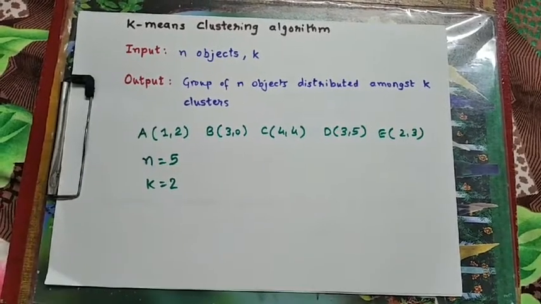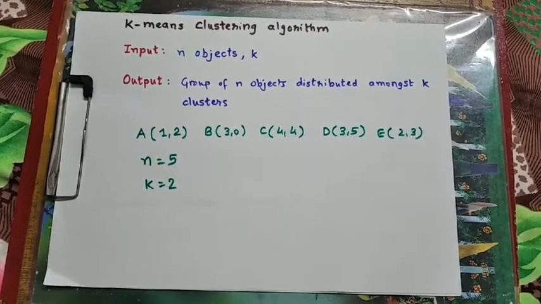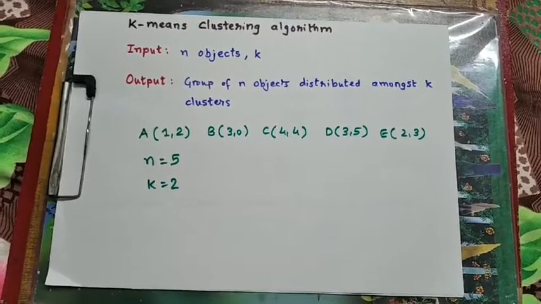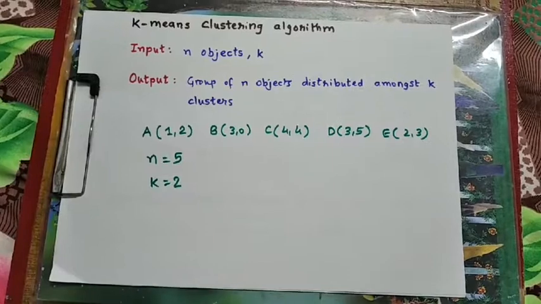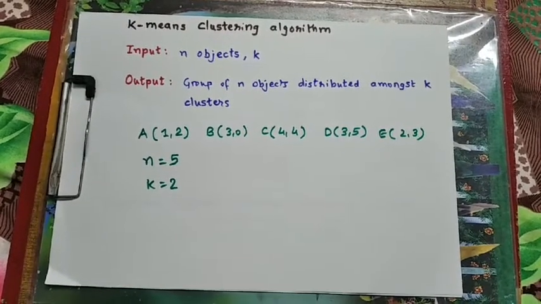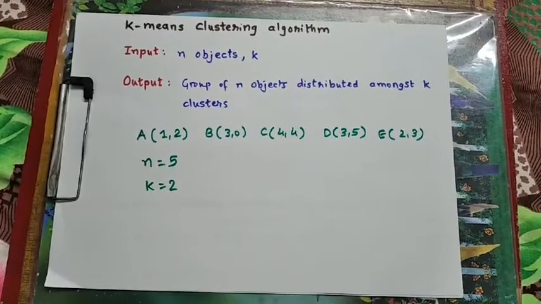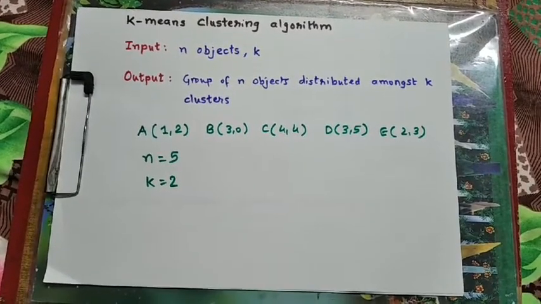As can be seen here, 5 objects are given which are represented in a two-dimensional manner. So every object has two features: A (1, 2), B (3, 0), C (4, 4), D (3, 5) and E (2, 3). These are the 5 objects.